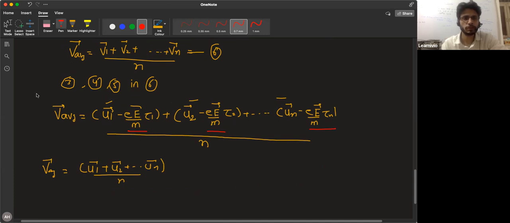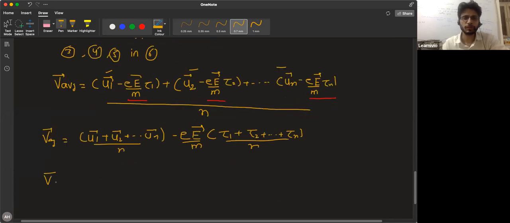Noha, is there any common term in these last three terms? So minus eE by m is common. So we have tau 1, tau 2, tau n divided by n. How much is this first term? This first term is nothing but 0. And it's minus of eE by m into tau.